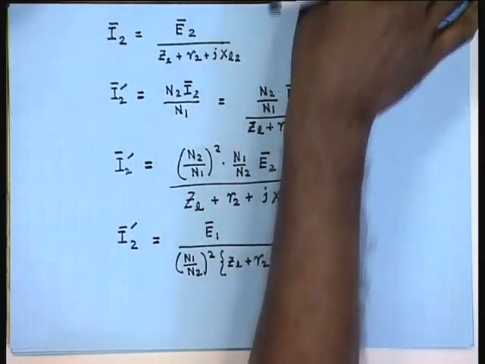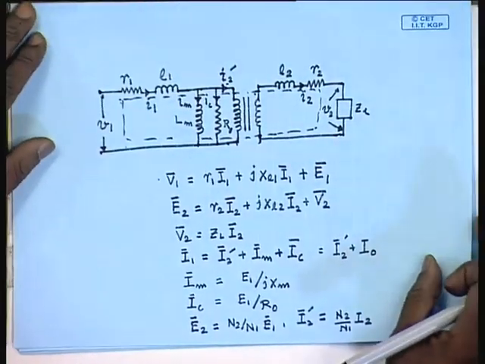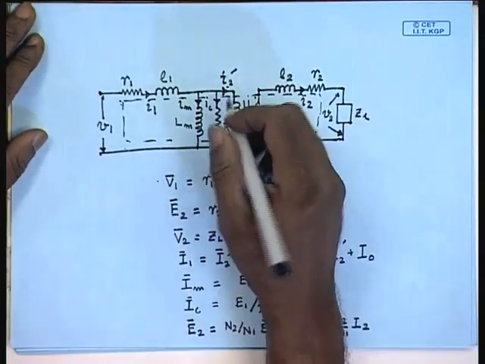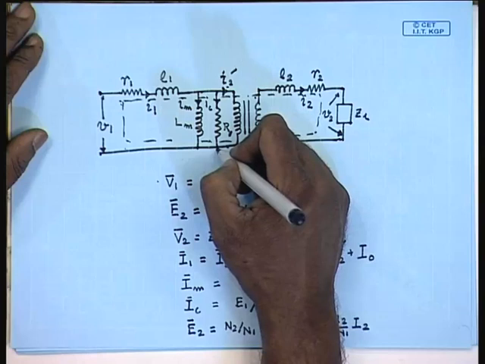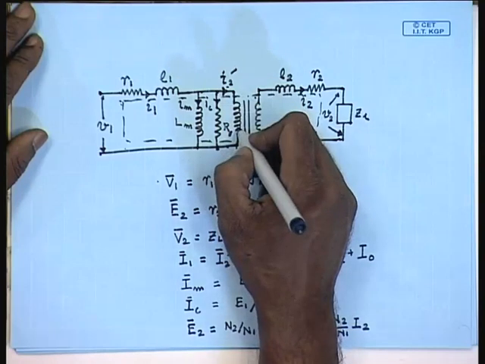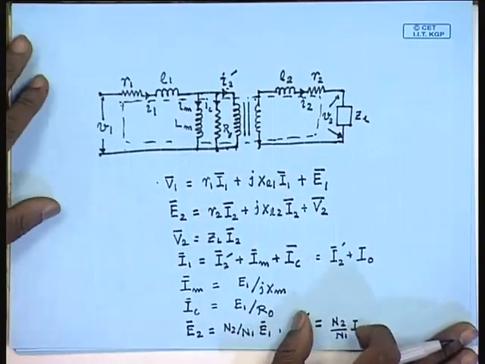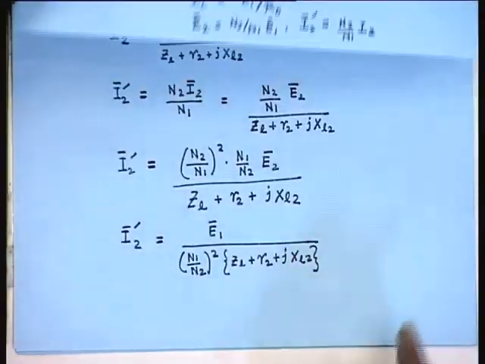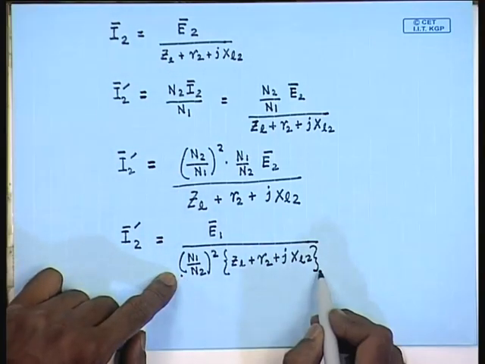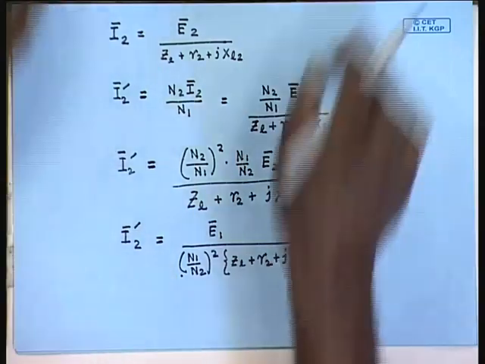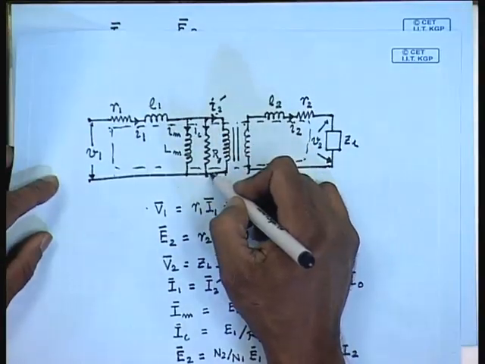Now, let us have a look at the circuit model that we have obtained. The voltage across these two terminals is E1 and the current drawn from these terminals is I2 dash. Now, the same current I2 dash will flow provided an impedance of this form is connected across these terminals.